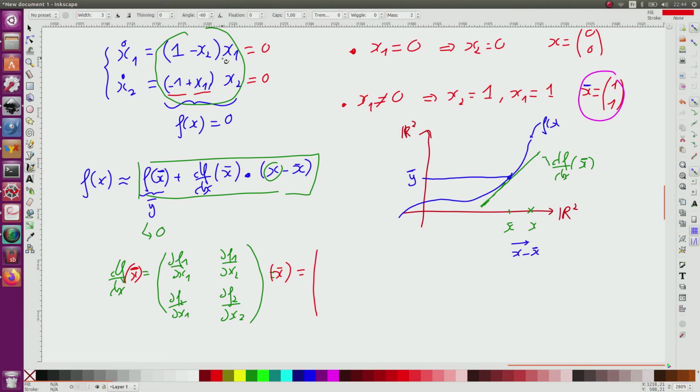Evaluated at x bar, it will be 1 minus x2 bar. The same here. If I compute the derivative of f1 with respect to x2, then I will have minus x1 bar.